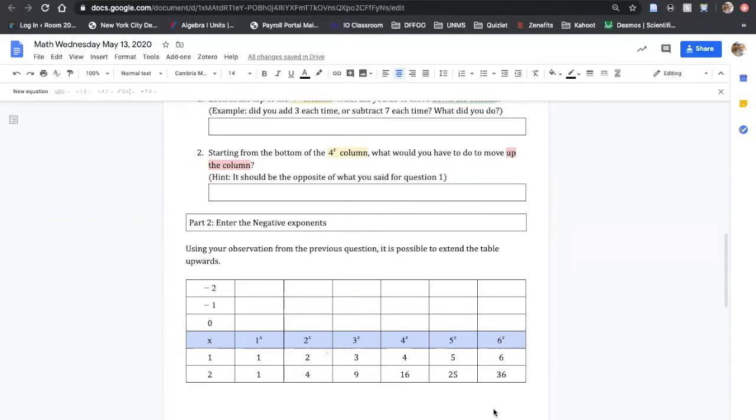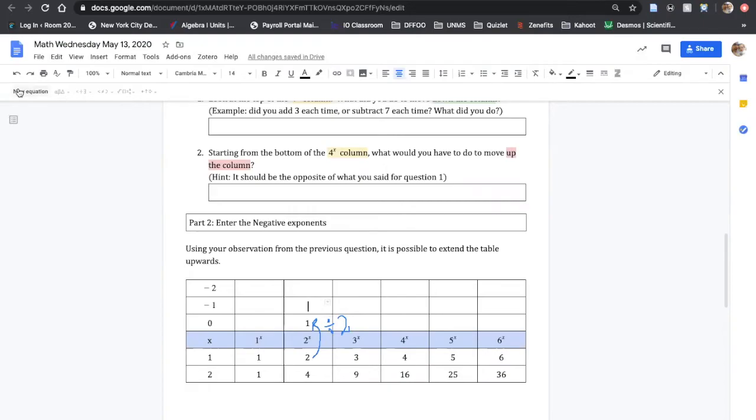And then if I want to go up one more time from 2 to the next row in my table, I'm going to have to divide by 2. So I'm starting with 2 divided by 2. That's going to give me 1. And then again, to go upwards once more, I'm going to have to divide by 2 again.